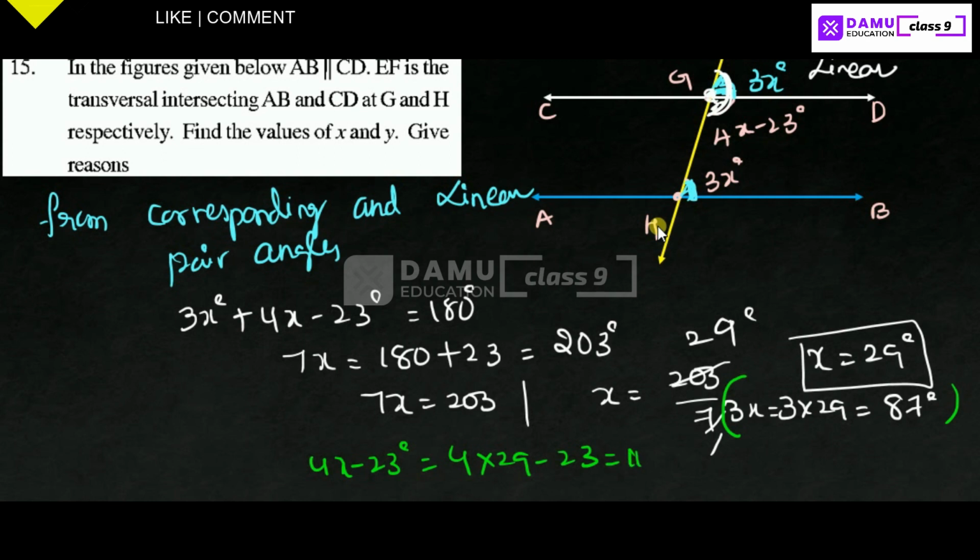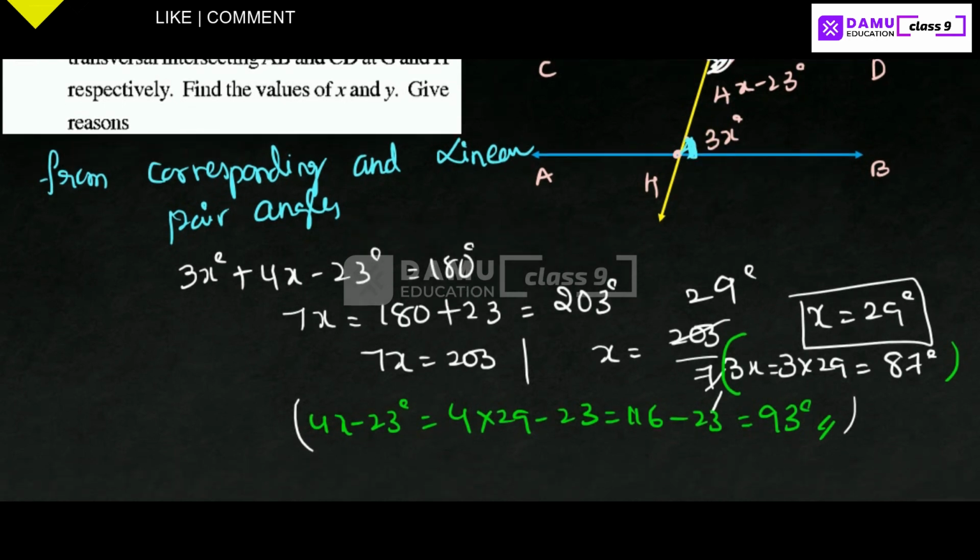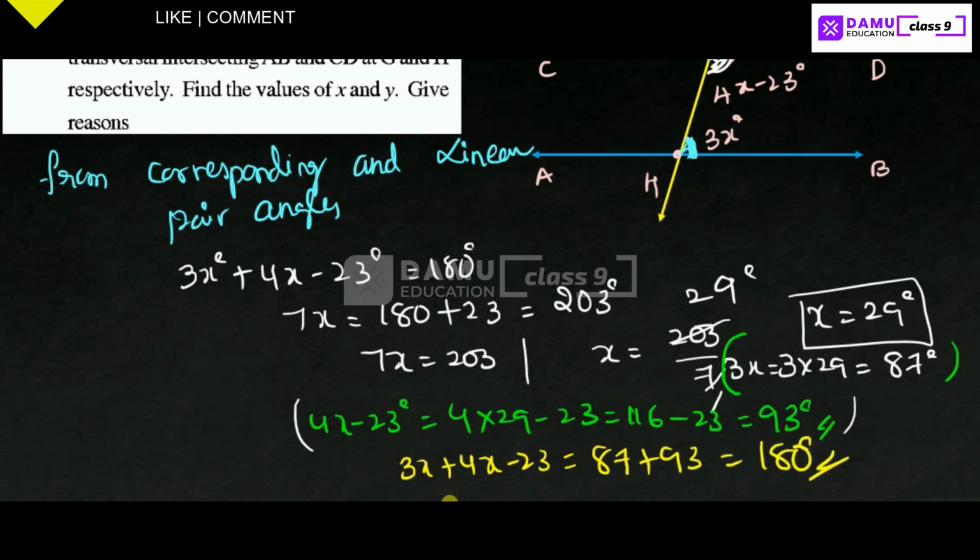So 116 minus 23, what you will get here is 93 degrees. So both, if you add, will we get 180 or not, we have to check. So let's check whether both are getting 180. 3x plus 4x minus 23 will be equal to 87 plus 93. Both are getting 180 degrees. Like this we need to solve.